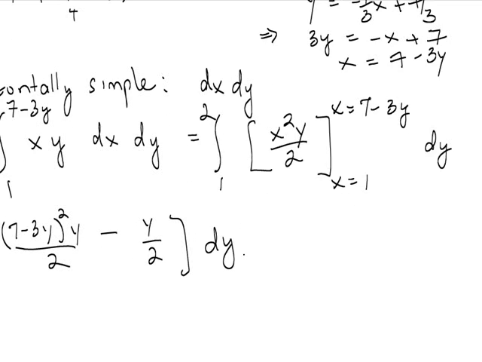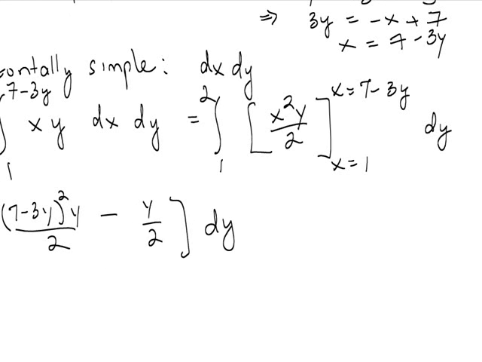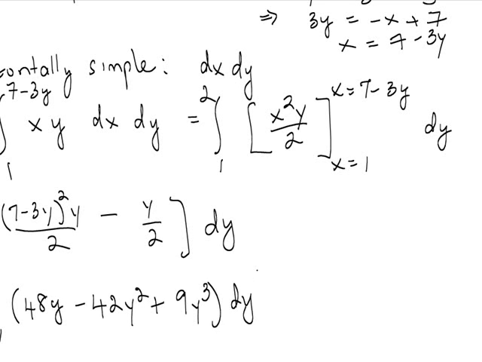Now when I simplify that, this is what you get. 1 to 2, I'm going to put a half outside, and inside you have 48y minus 42y squared plus 9y cubed. That's what you get when you simplify.